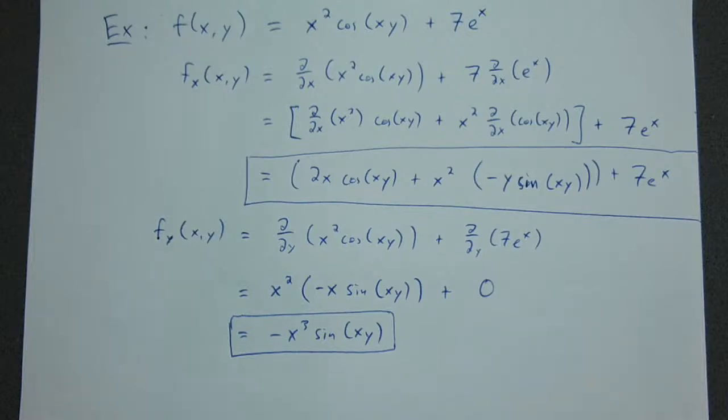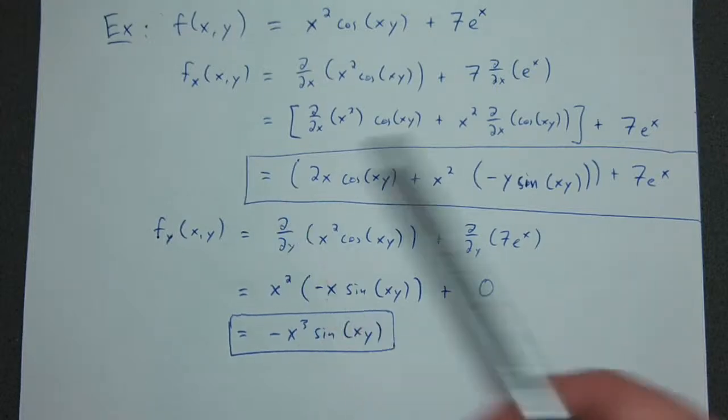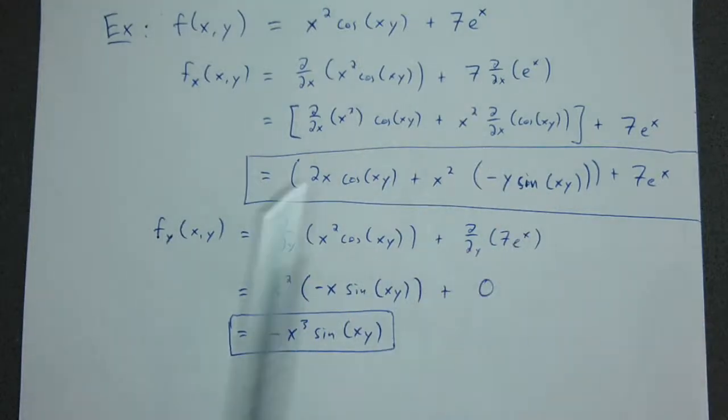Now, we're going to do many, many more examples. Before we do those, I'm going to introduce a couple of other things here, like the ability to take partial derivatives of higher order. As I said before, both of these, as you'll see, are functions of x and y in their own right, which means considering them as functions of x and y, they also have partial derivatives that I can attempt to take.